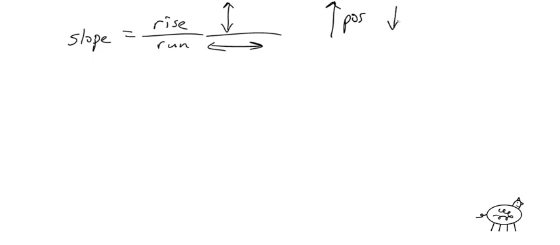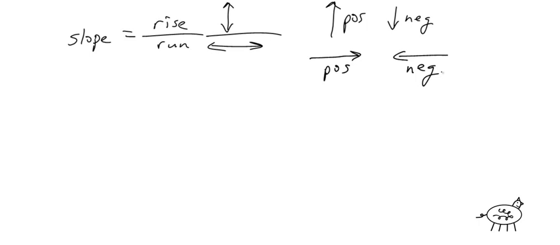If you're going down, it's negative. If you're going to the right, it's positive. Let's just keep it consistent. And if you're going to the left, it's negative. Okay? And obviously, if you go two negatives, make sure it's a positive, right? If one of them is negative, then it's negative.